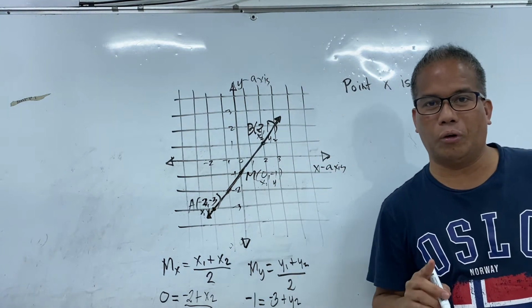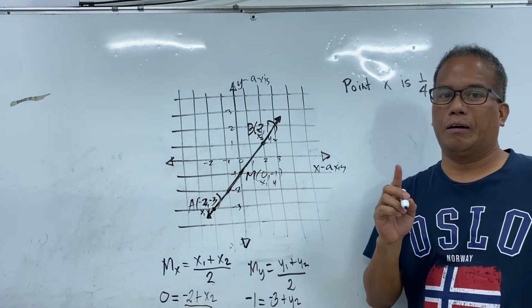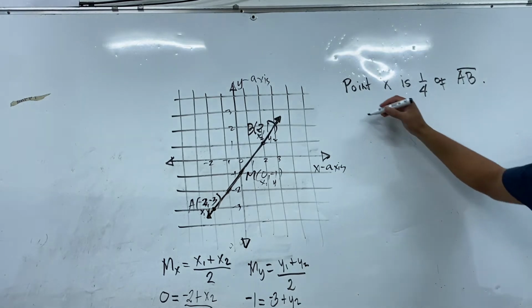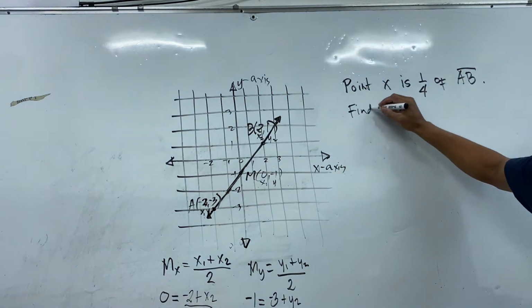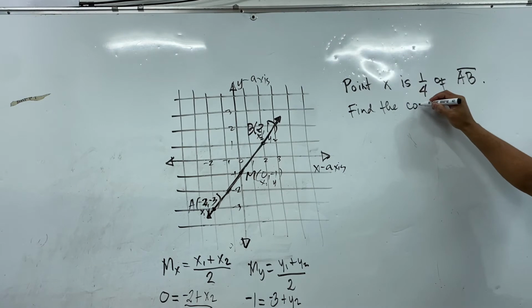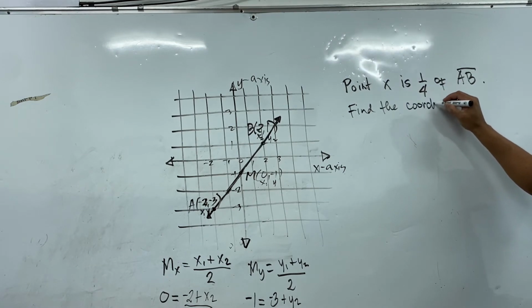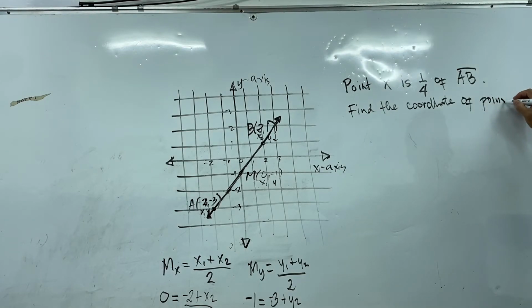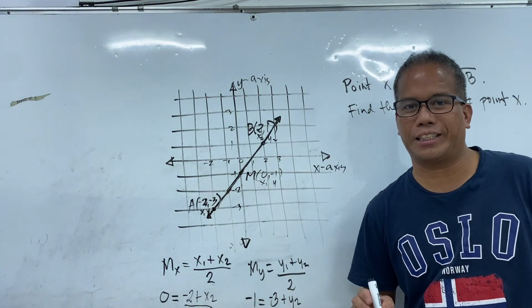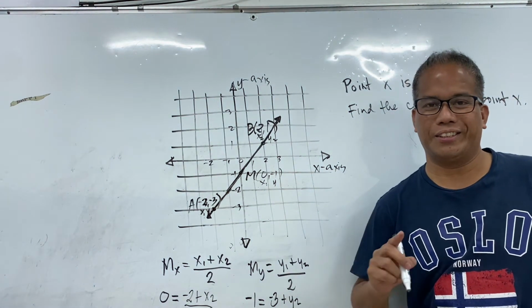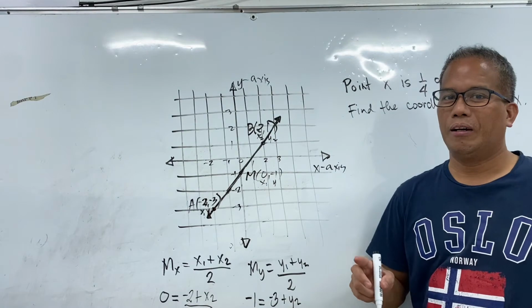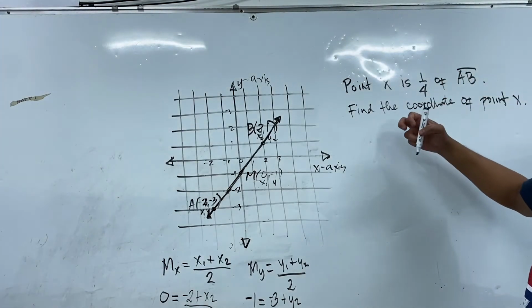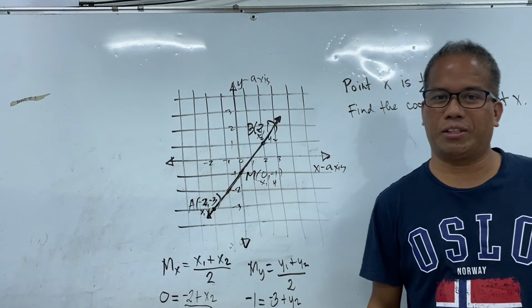Now we are going to find the coordinate of point X. So what is the coordinate of point X? Okay, so how are you going to solve this question?